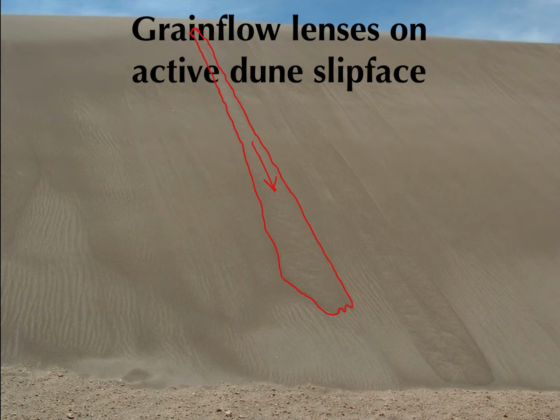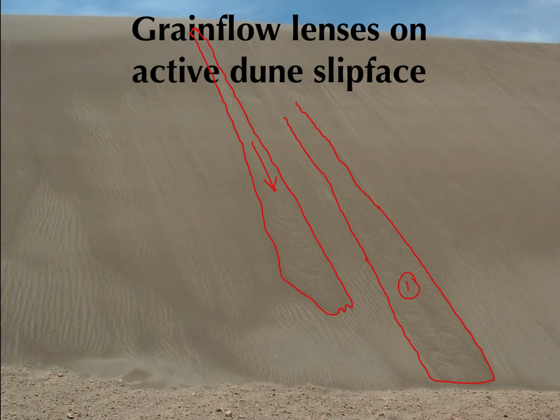Here's another one over here. And you can make these by simply standing at the top of a dune slope and kicking some sand down it. So that's one process, Grainflow, that sends sand down the slip face of the dune.